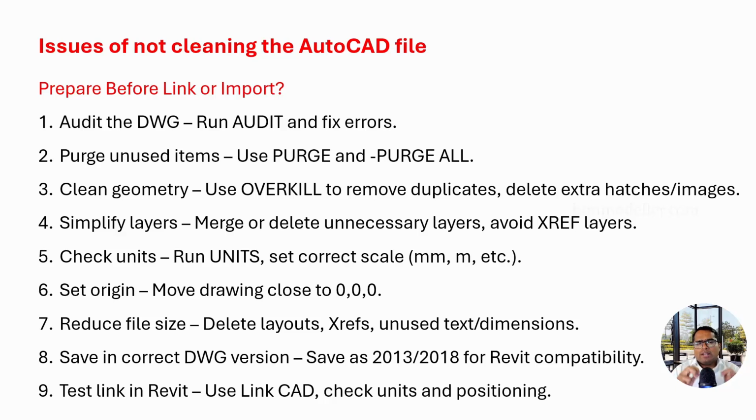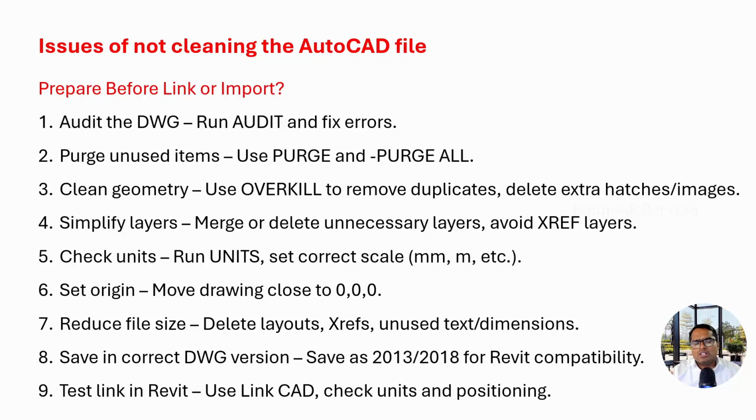If you have a large number of blocks in your AutoCAD files, sometimes it behaves unresponsively. Make sure you explode all the blocks, purge them, do all the 9 steps, and then import that into Revit. I have experienced this with blocks. The blocks will have a number of objects inside them, sometimes located somewhere in the millions of kilometers apart from zero, which leads again to the points we discussed.